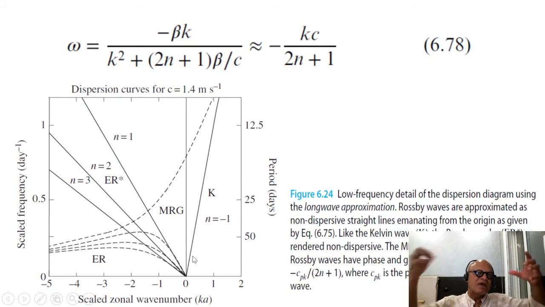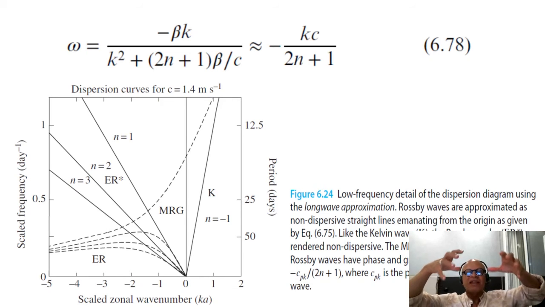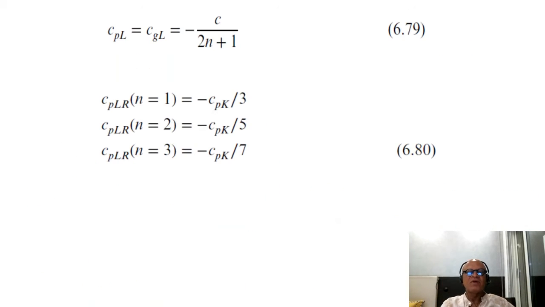So if you imagine that forcing we saw before of piling up geopotential or mass at the dateline and letting it go and having Kelvin waves and Rossby waves, we can easily write the Kelvin wave speed and the Rossby wave speed in terms of the gravity wave speed, which is the Kelvin wave speed. So then the phase speed of the long Rossby wave for various meridional modes become fractions of the phase speed of the Kelvin wave.